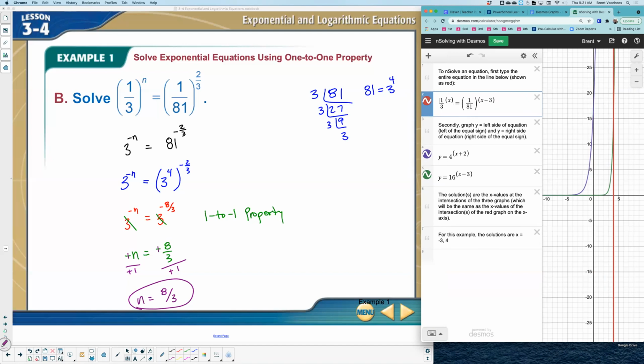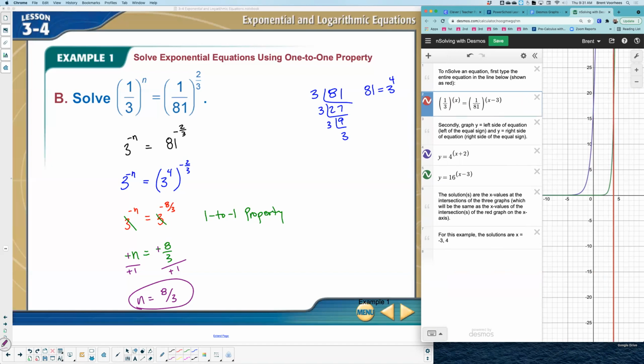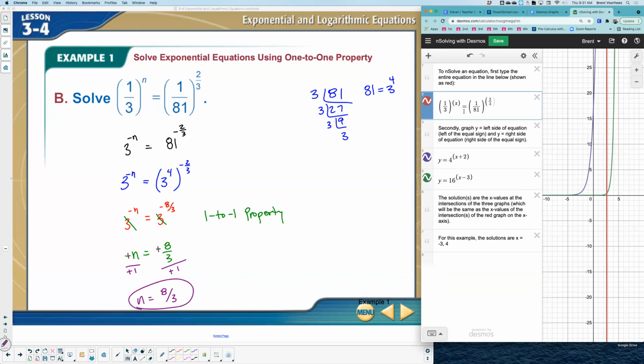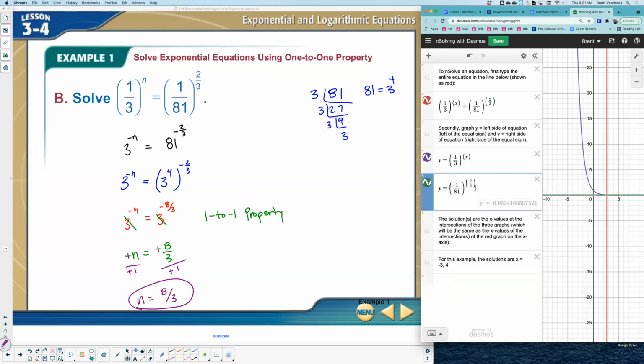I'd hate to have a silly error because I didn't put parentheses here. So I put those in parentheses to the power of 2/3. There you go. Copy the left. Copy the right. This intersection is easier to see.